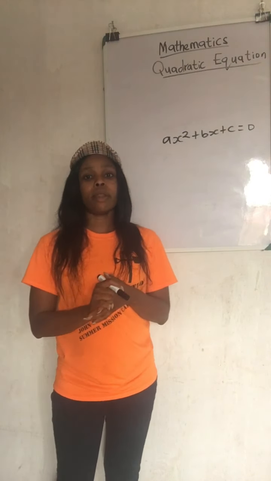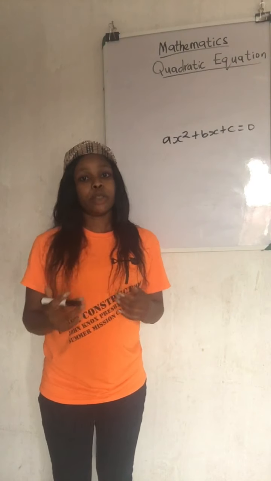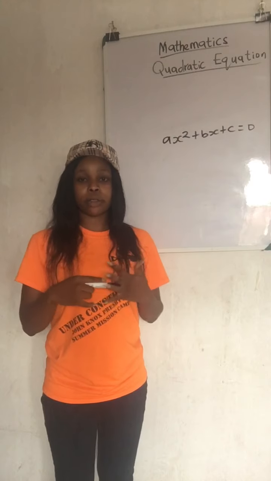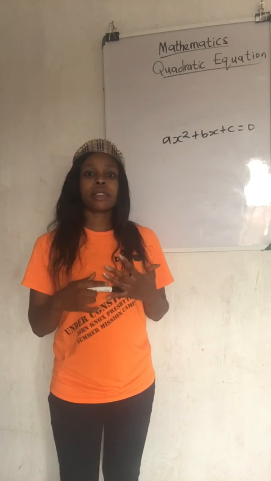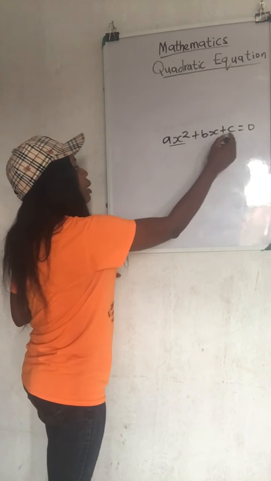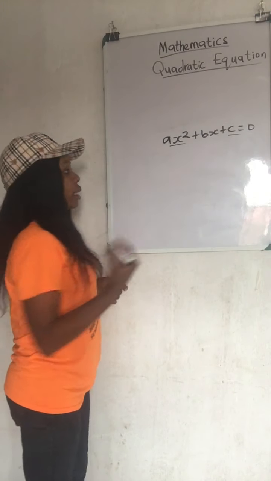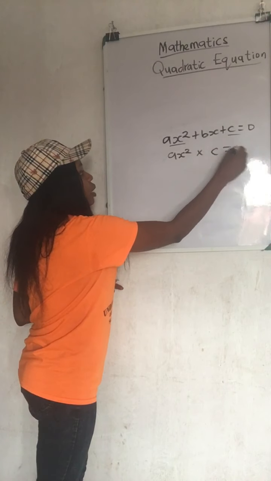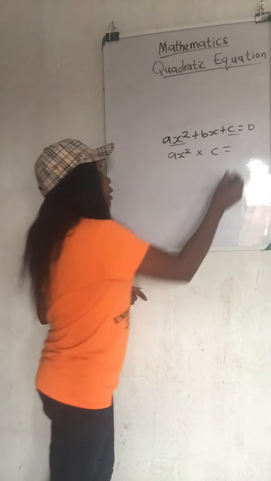So there are steps you need to know while solving a quadratic equation using the factorization method. The first thing is to multiply the first term and the last term, that is, multiplying ax squared times c to give you maybe d.